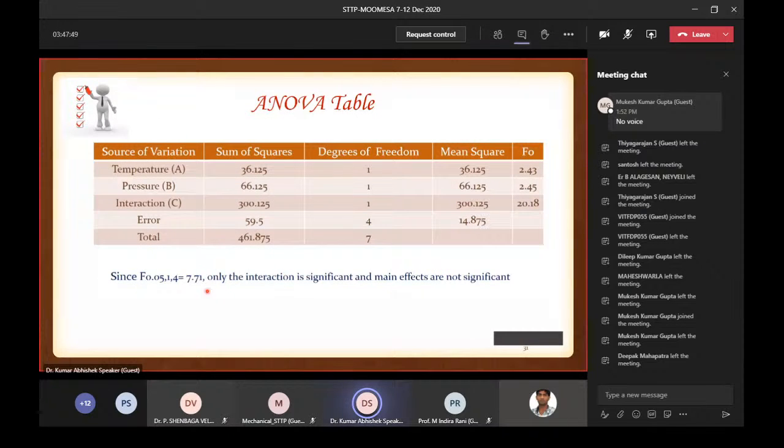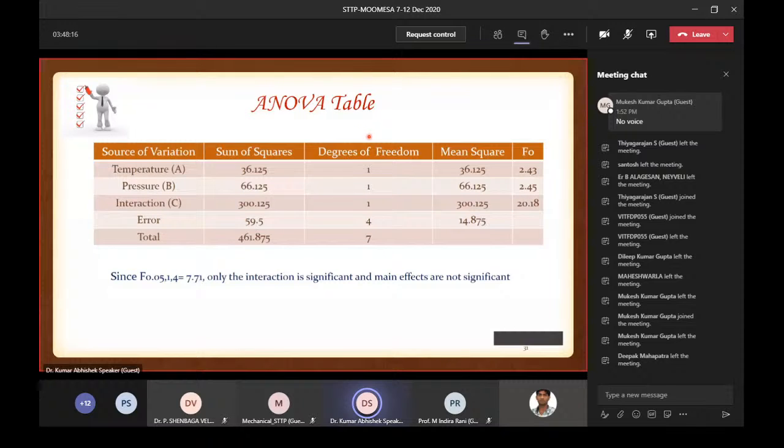So I have taken 7.71, and if we compare it with this F value, which is 2.43 and 7.71: if the F value is more than this standard, then it has a significant effect. Otherwise, it has no significant effect over the output.